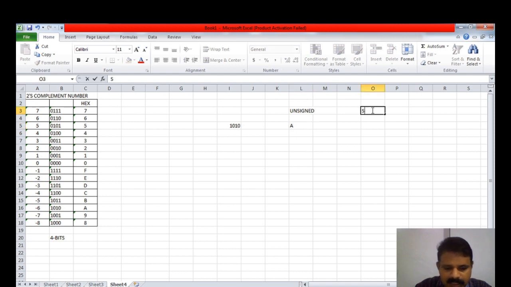But in signed arithmetic, its meaning is the register contains the value -6. So this is the difference. If a 4-bit register contains the pattern 1010, in unsigned arithmetic its meaning is A in hexadecimal. In signed arithmetic, it contains the value -6 in decimal.